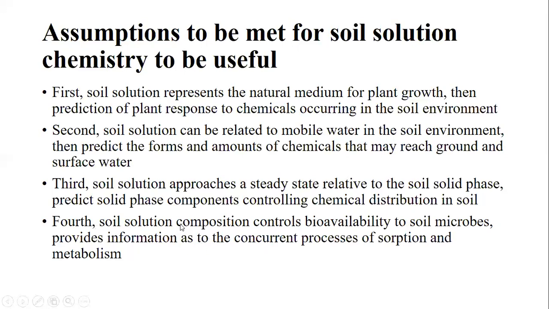Fourth, soil solution composition controls bioavailability to soil microbes, and provides information as to the concurrent processes of sorption and metabolism.